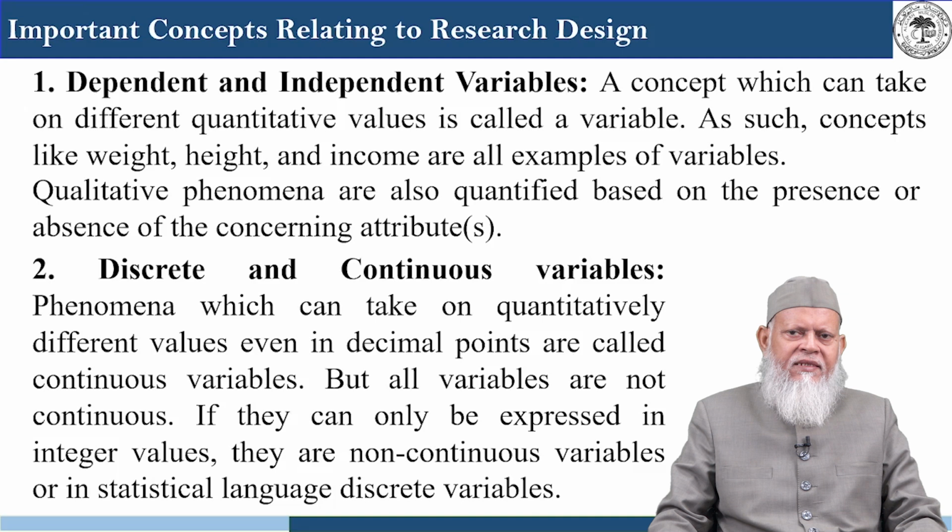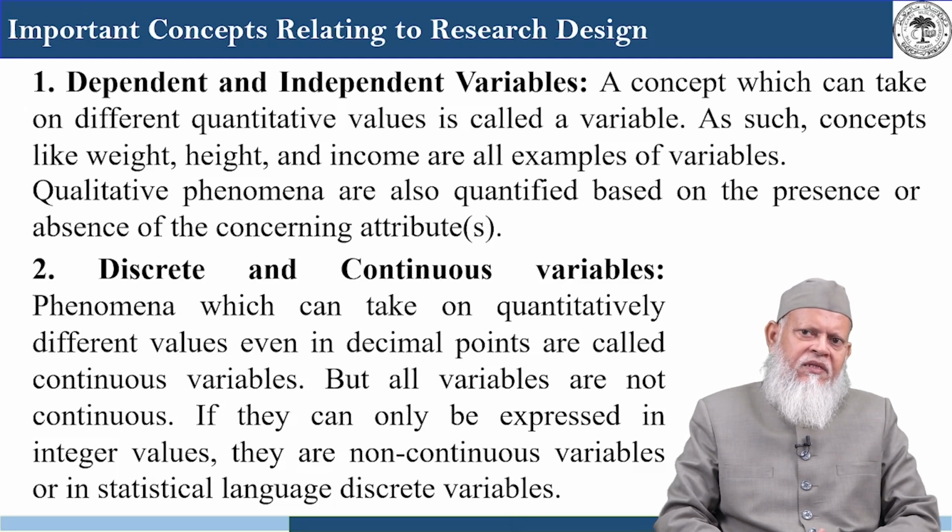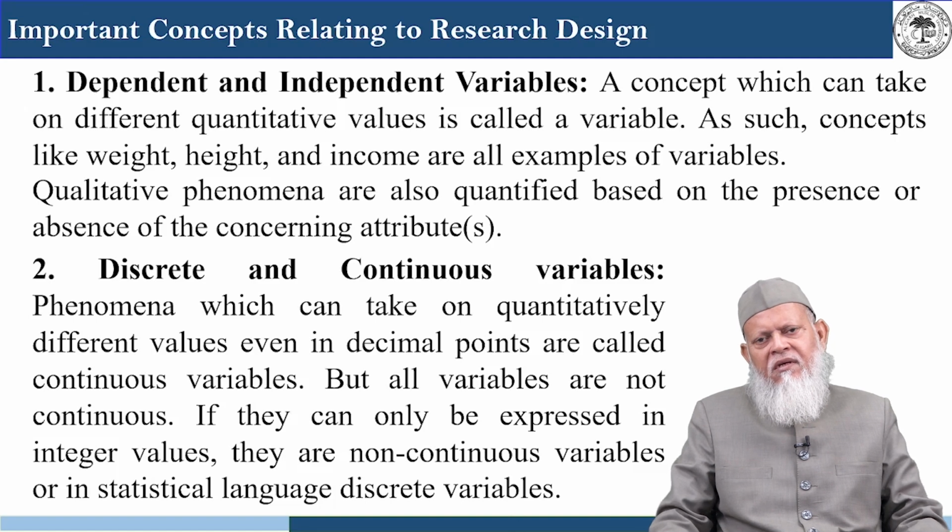Between income and consumption, income is the independent variable, whereas consumption is the dependent variable. It is the income which is causing consumption. It is the income which is dictating consumption. With a change in income, there is a change in consumption.